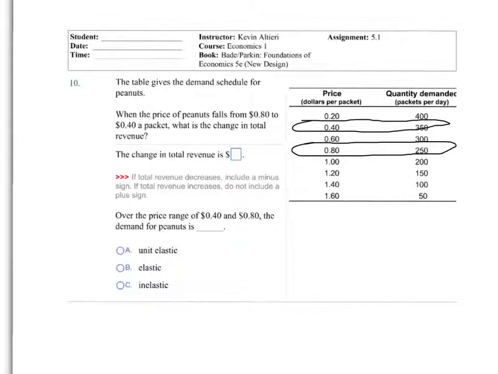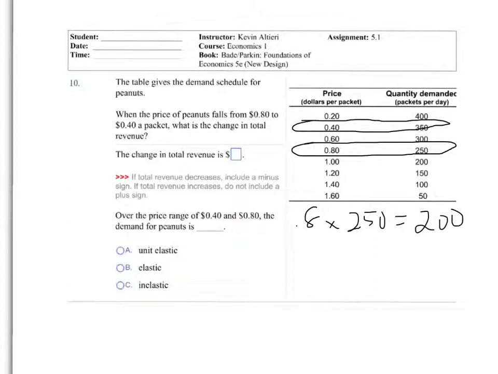Now, total revenue, we know, is calculated by the price per unit multiplied by the total quantity demanded of that unit, right? And so if we do the math out here, since we're going from 80 to 40 cents, we're going to start with 0.8 times 250 equals 200.